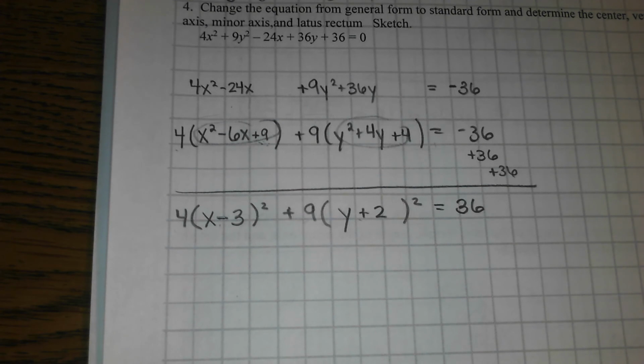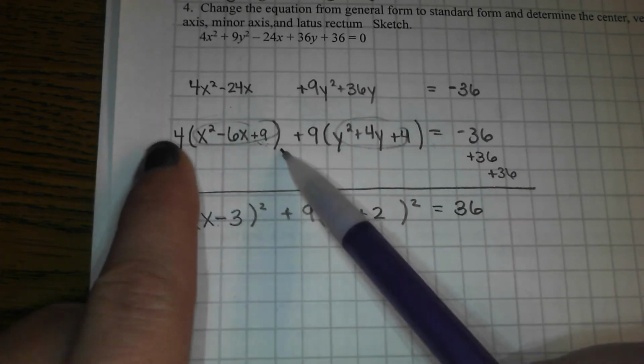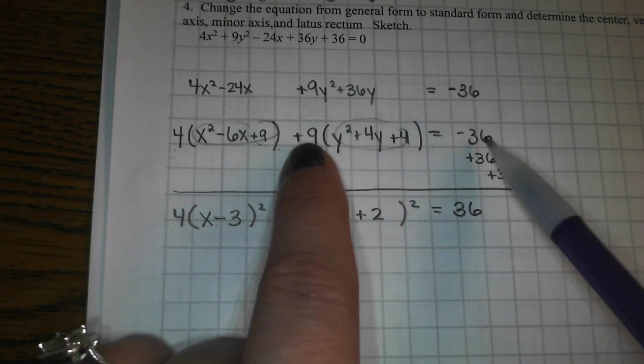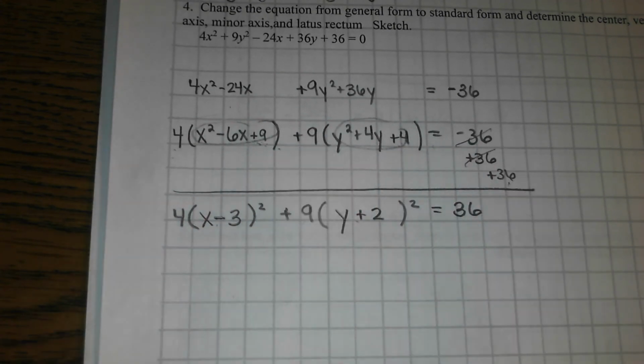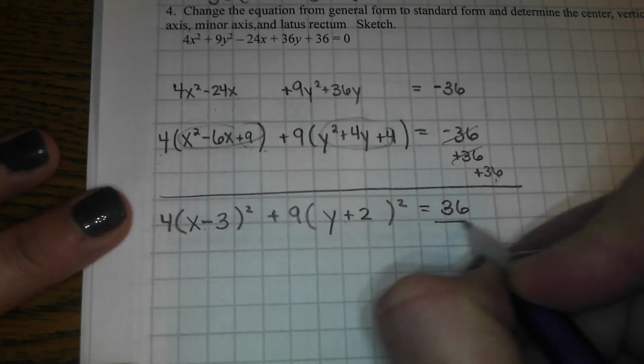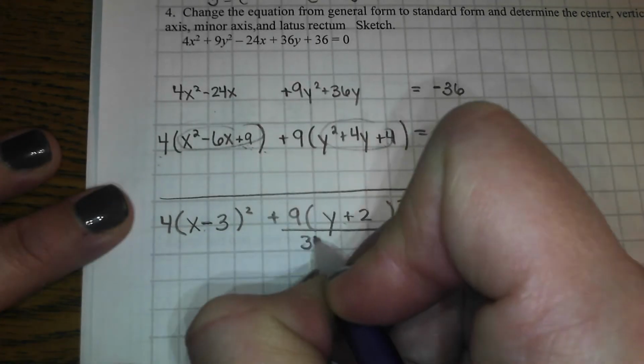Yes? Well, I added 36 once because of 9 times the 4, and then I had to add 36 again because of this 4 times the 9. So yeah, those two cancel, and it just became a positive 36. Paula? So once I realize, okay, this is definitely an ellipse, I need to get it to equal 1, so I'm going to divide everything by 36.